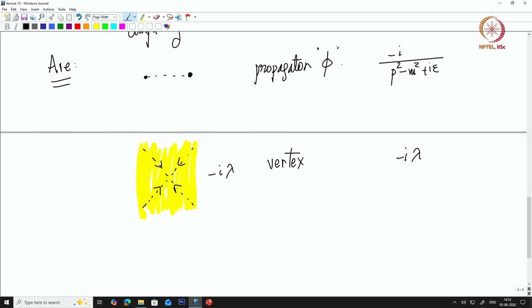So with this, these 2 things which are required to calculate the S matrix elements or the amplitudes using graphical techniques are called Feynman rules.